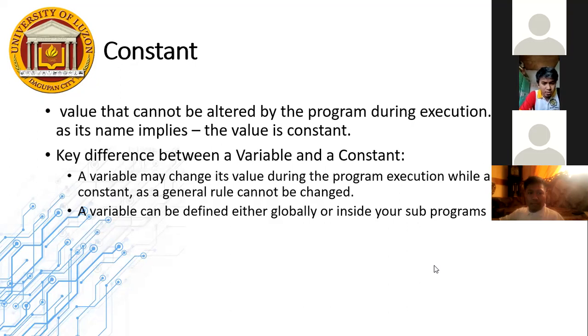The key difference between a variable and a constant is that a variable may change its value during program execution, while a constant, as a general rule, cannot be changed. Also, a variable can be defined either globally or inside your subprograms, while a constant should be declared globally.